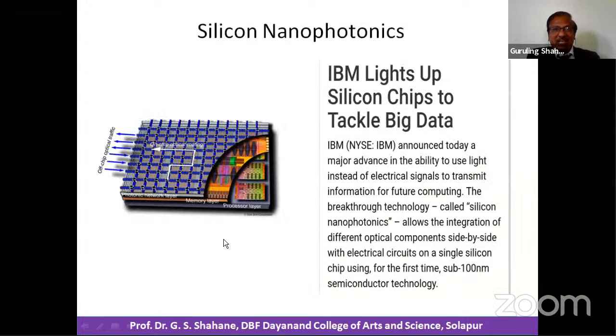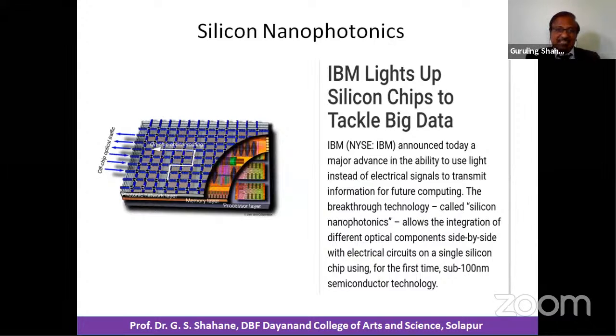One more invention we have seen recently, silicon nanophotonics. In these integrated circuits, for carrying a current, we have to use some conducting materials. Instead of that, light is used as an information carrier.